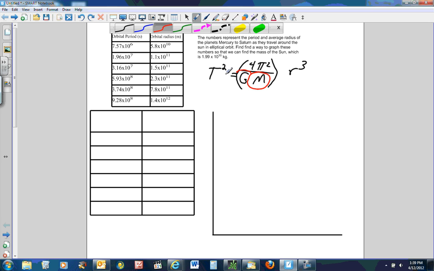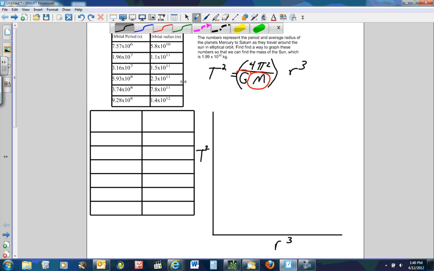And so the question is, can we find a way to graph this to get a straight line, and the slope would somehow give us the mass of the sun? Well, if you look at it, the y variable is t squared, so I could graph t squared over here. R cubed is the x, so I could put r cubed here.